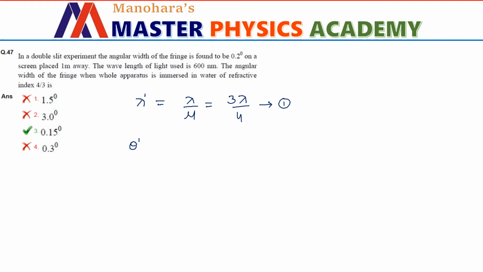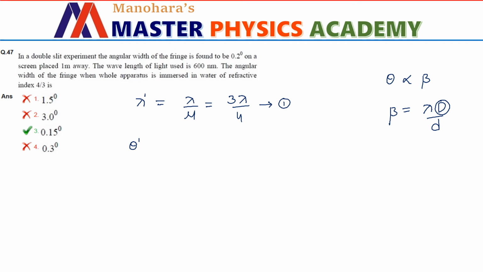But what we know here is the angular width of the fringe is directly proportional to the fringe width. And the fringe width is given by the formula beta equals lambda D divided by d, where capital D denotes the distance of separation between the slit and the screen.